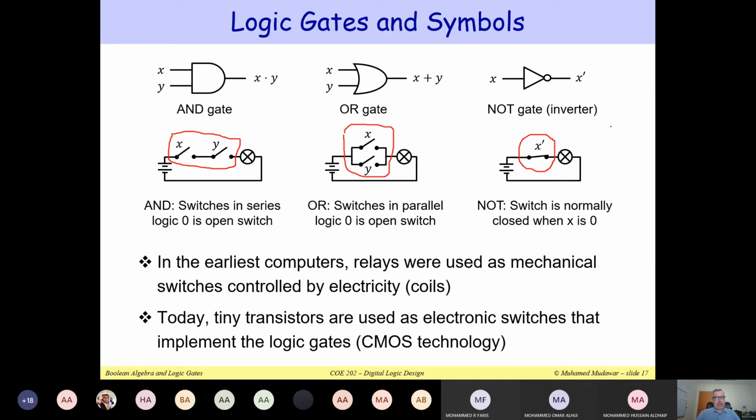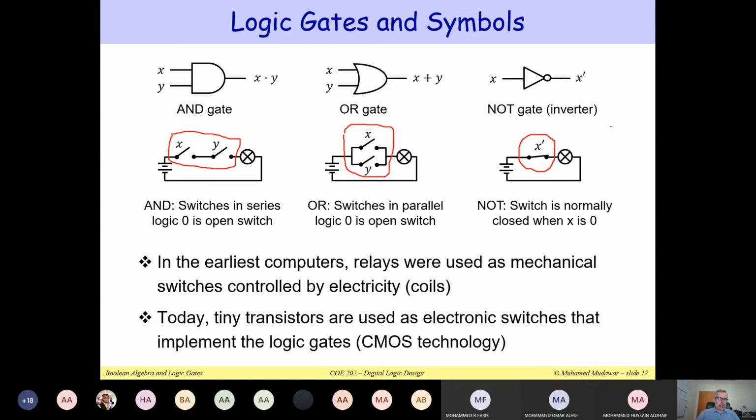Okay, these are their symbols, and the technology that was implemented in the early days of computers. People used relays, and relays are mechanical switches, but they apply electricity to turn them on and off. Today, people use transistors, and these are electronic switches that are used to implement these gates.